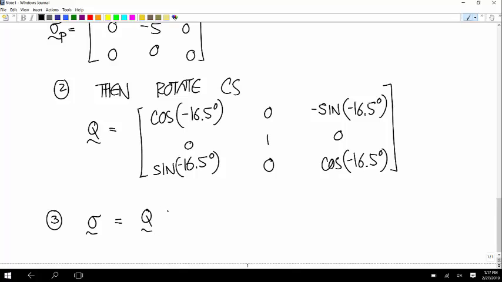So this is equal to Q times principal stress tensor times Q transpose. And in that case, we would get something that still had that -5, and then other stuff in different places.